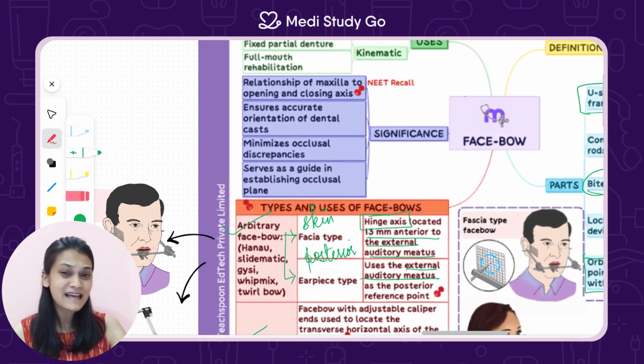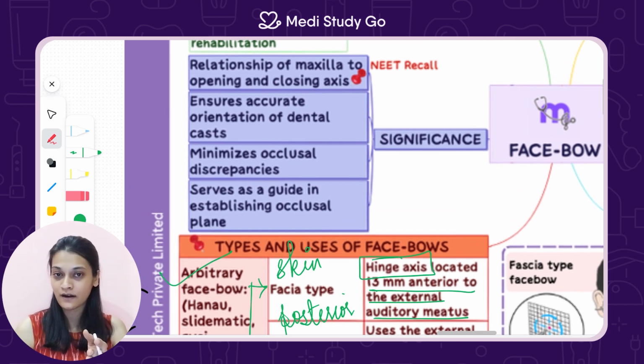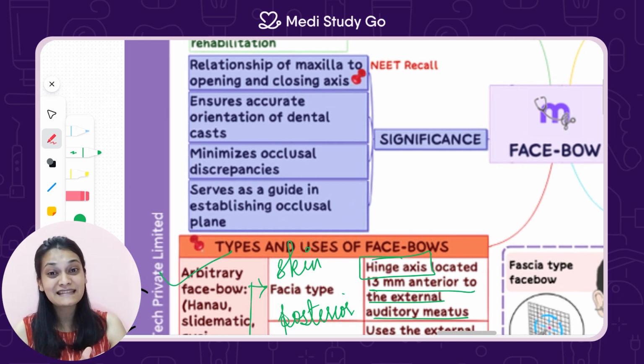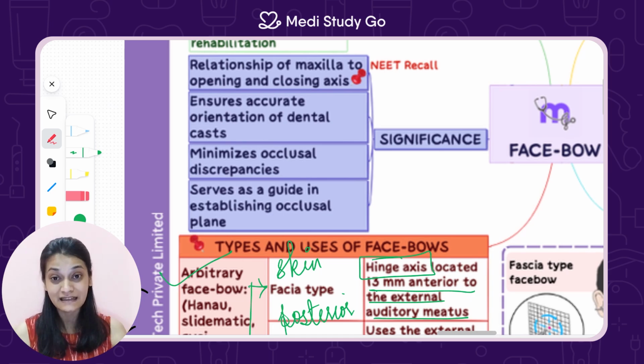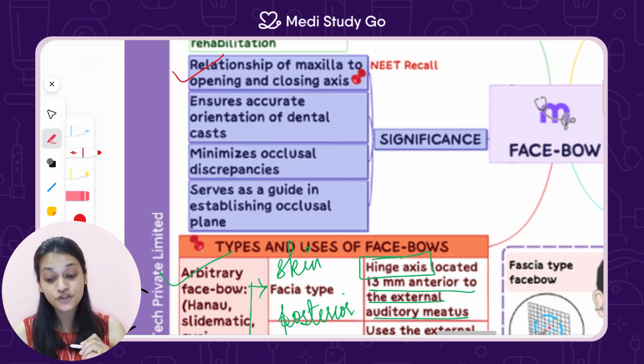So now what exactly is the significance of Facebow that you don't get to use in your undergraduation? You don't exactly know the orientation of your maxilla to the base of the skull. It is the tentative relation. But after using a Facebow, you can actually determine the perfect relationship. Then it ensures the accurate orientation of dental cusps of maxilla and the mandible.